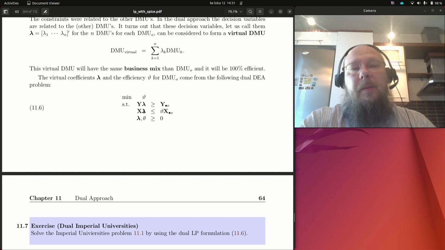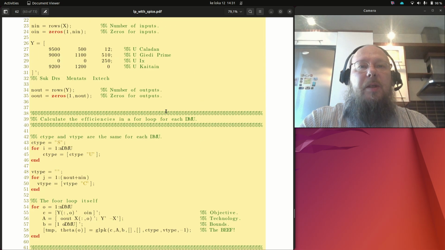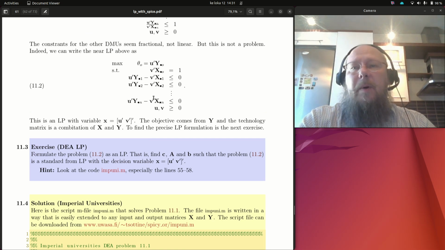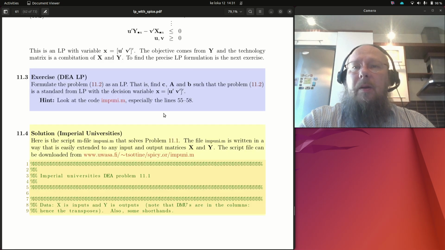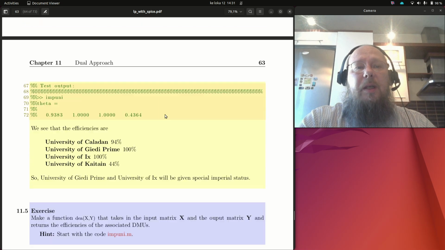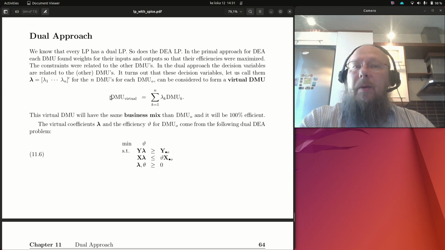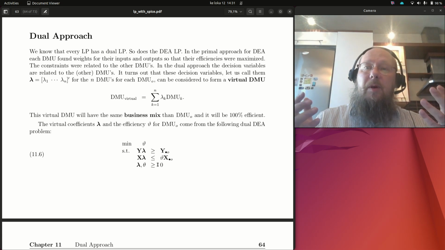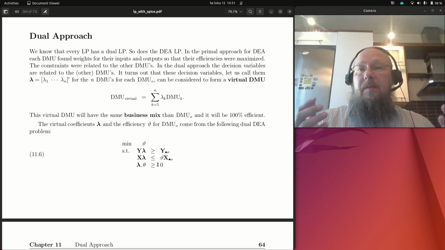This is more closely related to a standard form LP than the primal formulation. The dual formulation is maybe a bit more difficult to understand, because you have to think about the virtual DMU, but as a form it's probably easier to transform into standard form and solve by GLPK. So in some sense the dual formulation is easier, in some ways it's more difficult.